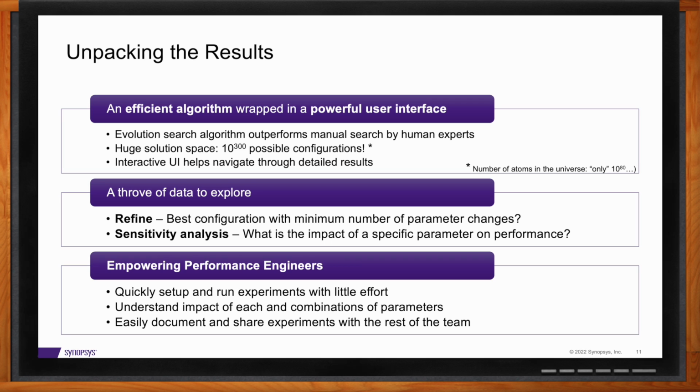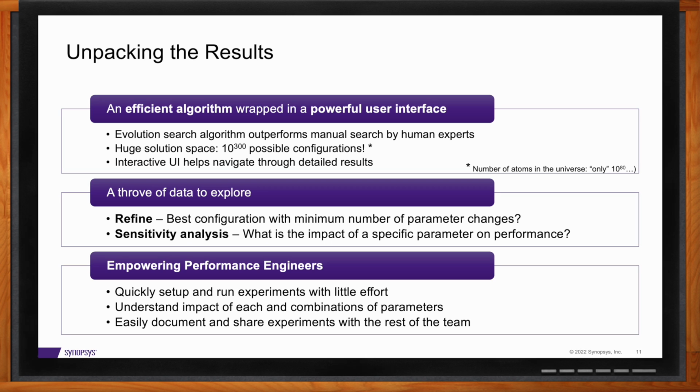And speaking of the data, there are a couple of steps that we see performance engineers want to do after they run an experiment. Number one, you want to refine your experiment. Let's say you found a good configuration, but you end up with 150 flags that you need to modify every time. That's not ideal.